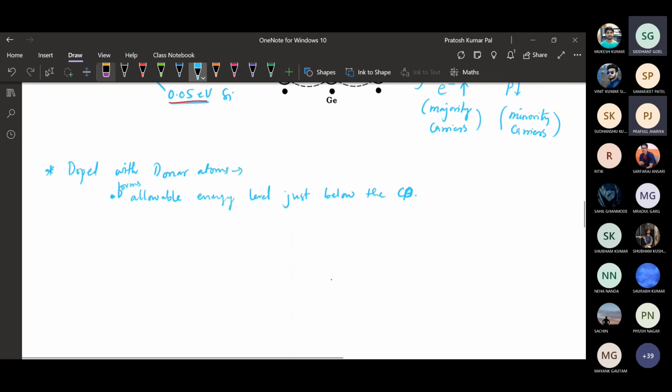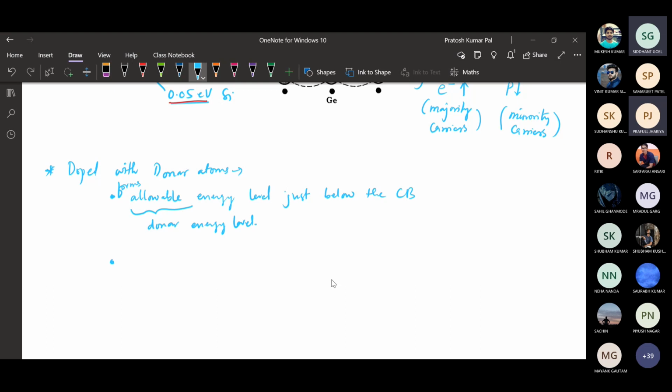It will be forming an energy level that is called the donor energy level, just below the conduction band. This is called the donor energy level.